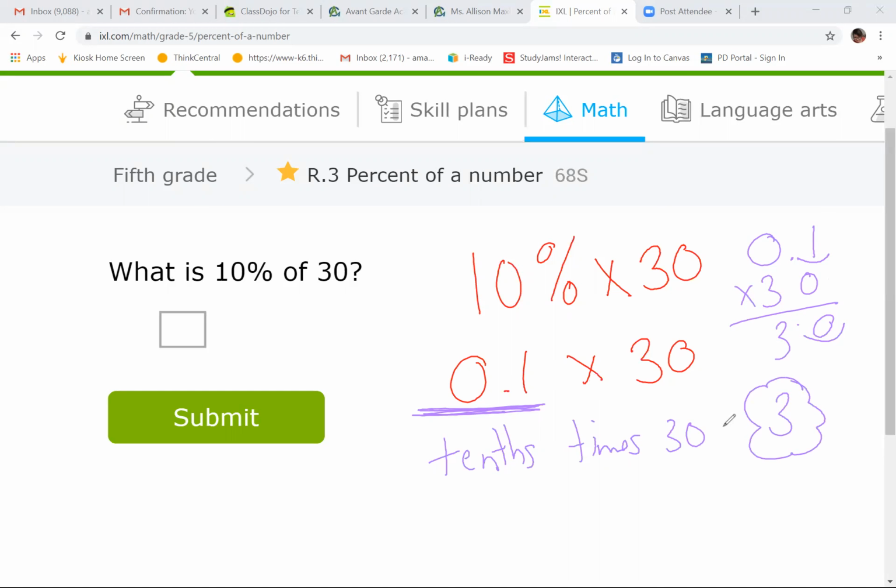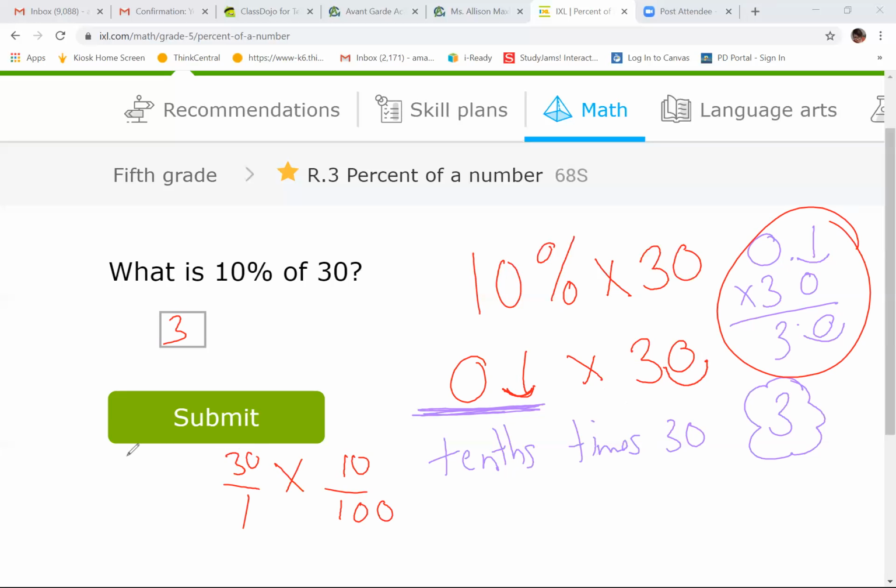But guys, remember when we talked about multiplying decimals and we're multiplying 1. See how there's 1 decimal? We just move it over 1. Our answer would have been 3. But if you forgot that, what other strategy could you use? You could multiply decimals, or you could say 10 out of 100 times 30 over 1. 30 times 10 is 300 over 100.